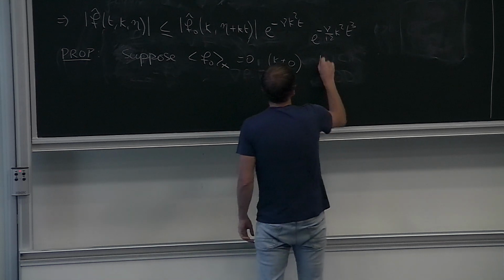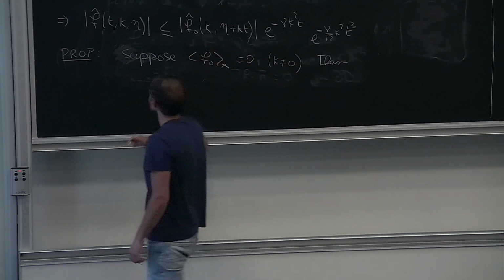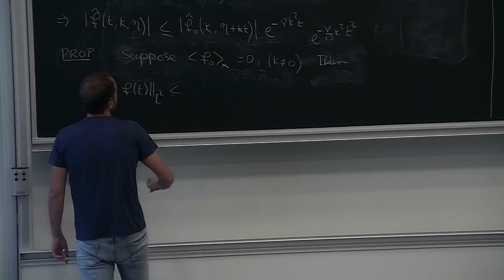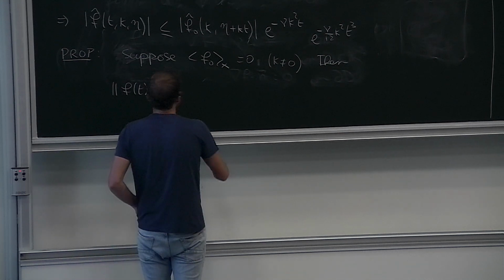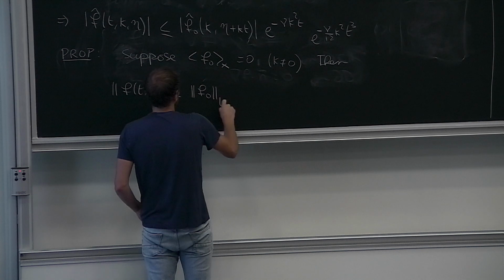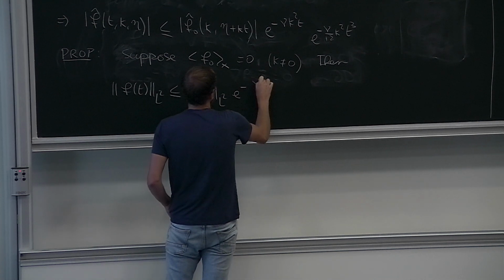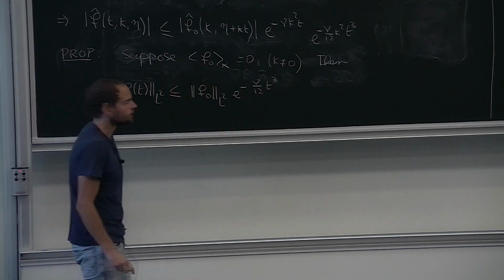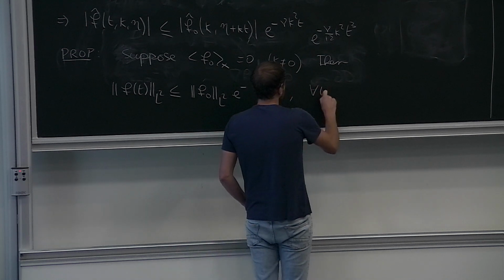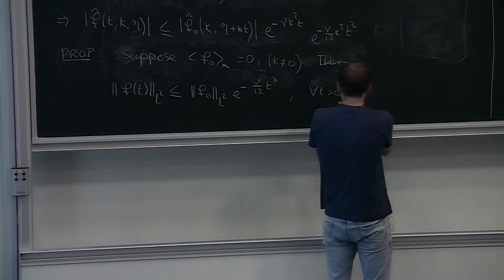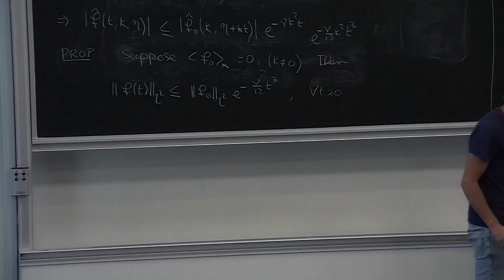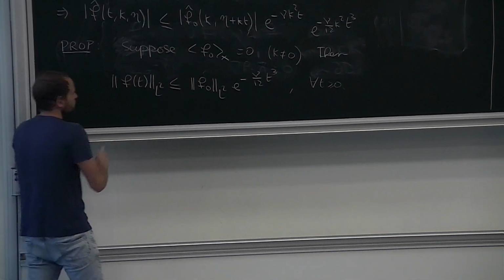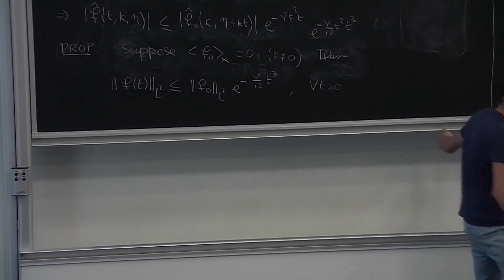Then something that you get from here is that f of t in L2 will decay like the initial datum in L2 times e to the minus nu over 12 t cubed, for all times. This is an example of what I call enhanced diffusion.